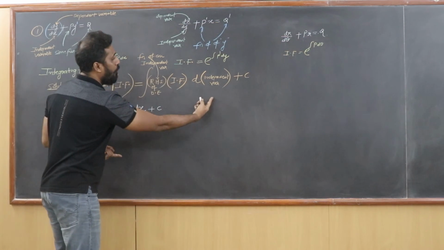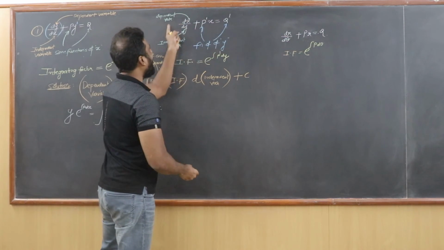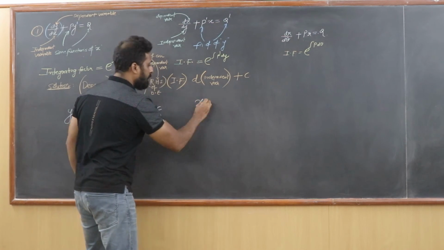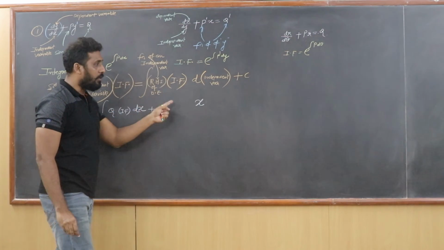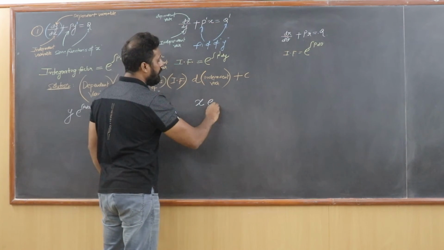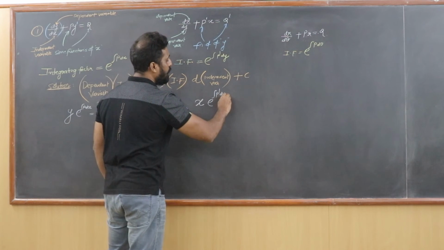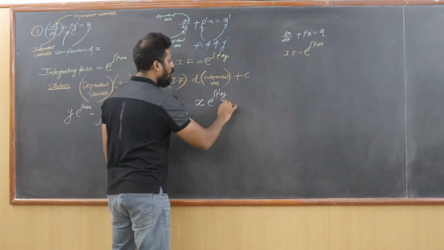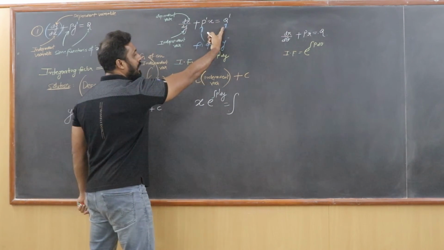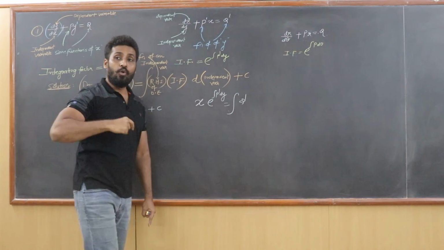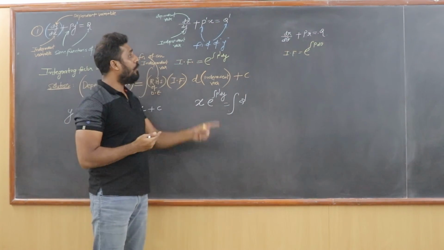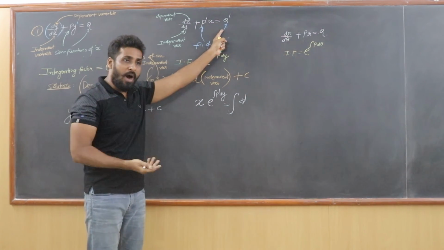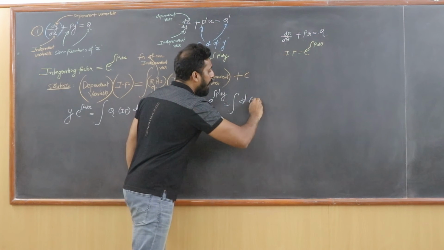Suppose I want to get it for type 2. Who is the dependent variable here? It is x into the integrating factor. Now for this, the integrating factor is e raised to integration of p dash dy is equal to integration of, who's the RHS this time? It is q dash. Don't you remember that q dash is a function of y? Q dash is a function of y into the integrating factor.